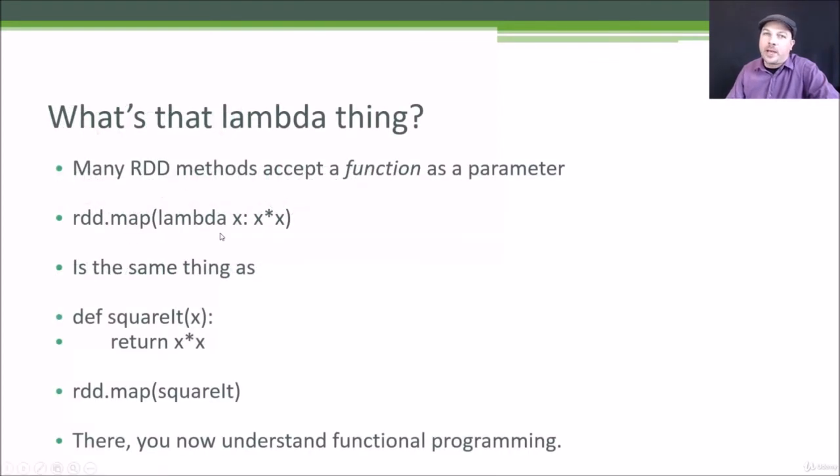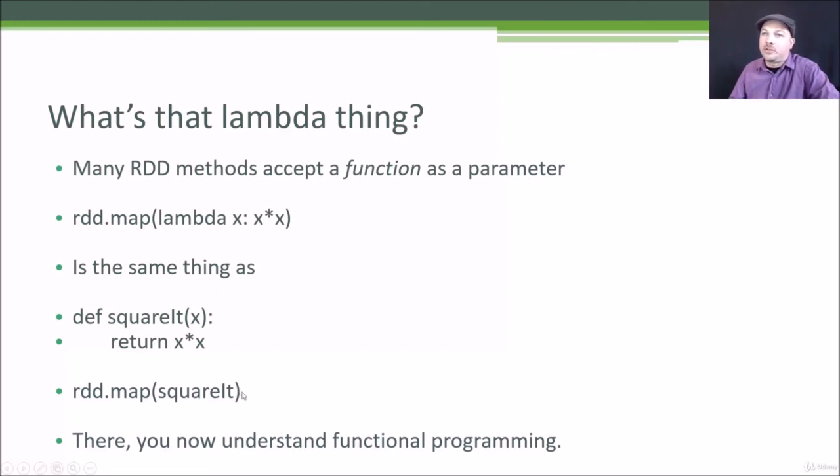Now, if you don't remember what lambda functions are, we did talk about it a little bit earlier in this course, but as a refresher, the lambda function is just a shorthand for defining a function in line. So lambda x colon x times x is exactly the same thing as defining a separate function that we named square it, that returns x times x, and saying rdd.map square it. So it's just a shorthand for very simple functions that you want to pass in as a transformation.